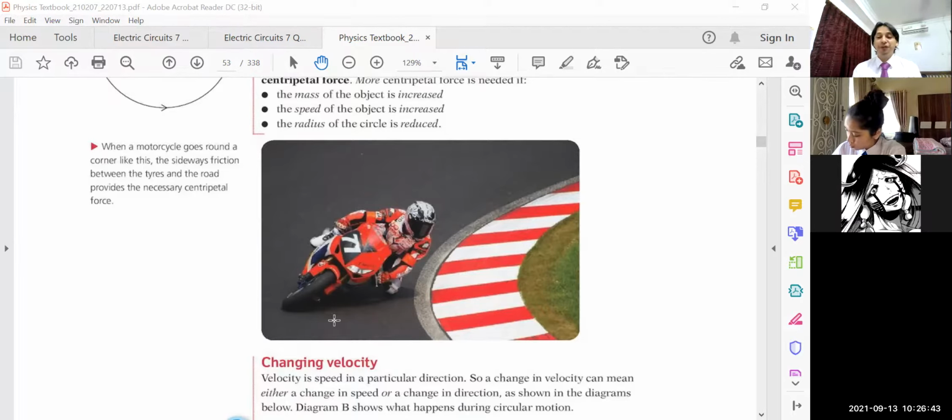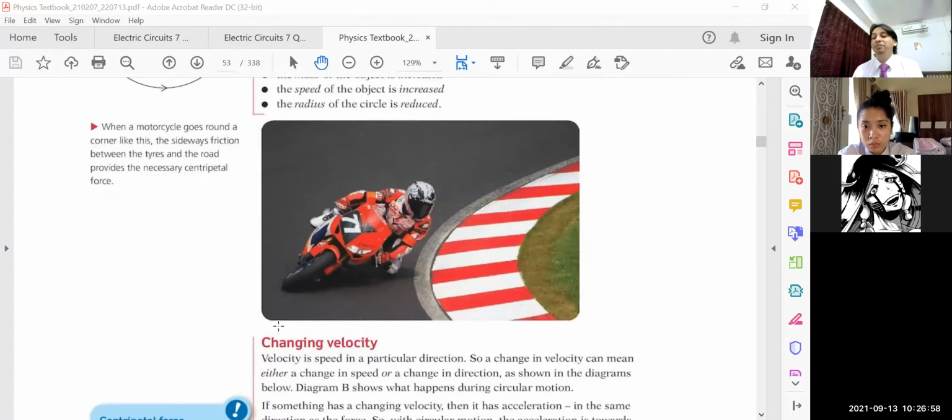If you remove the frictional force, you can't take a turn. You will slip and strike other objects on the side. To always take a turn, children, you need the force of friction.